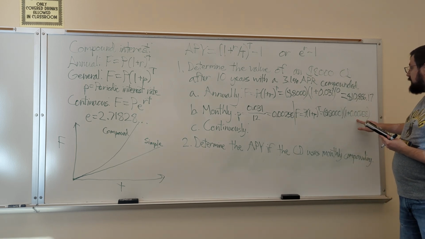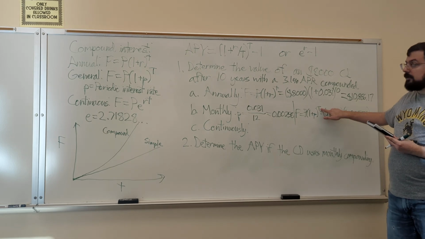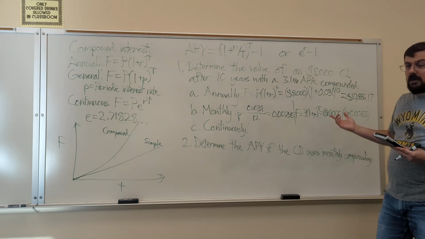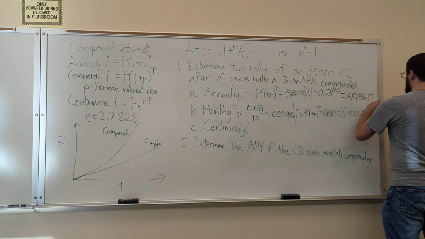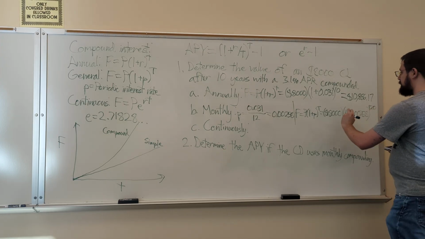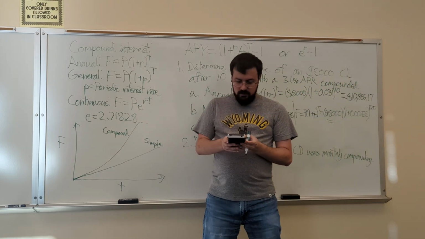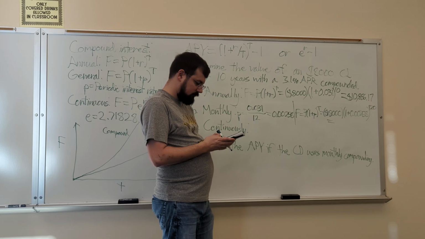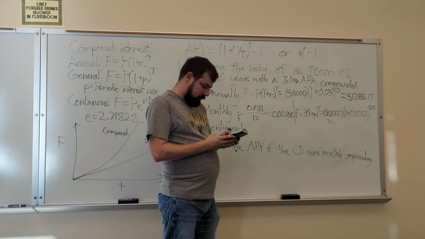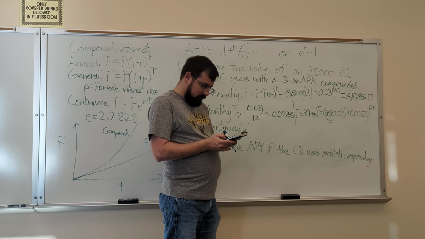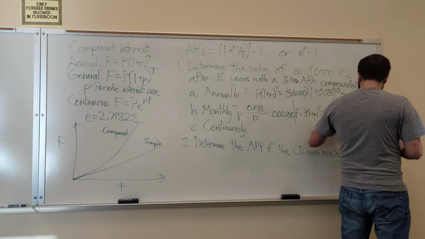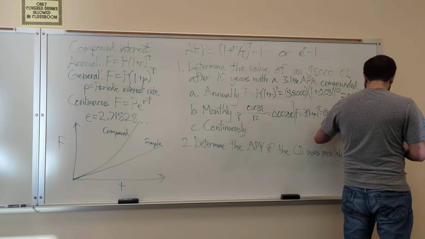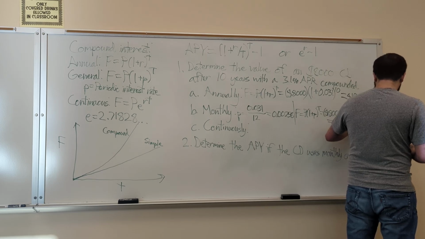And then we're going to raise this to the total number of times that we're compounding over 10 years. So we have 12 times per year, that's monthly over 10 years, so that's going to give us 120 times that compounding occurs total over the entire CD. And this works out to be $10,903.04.